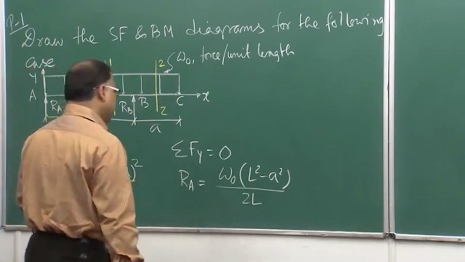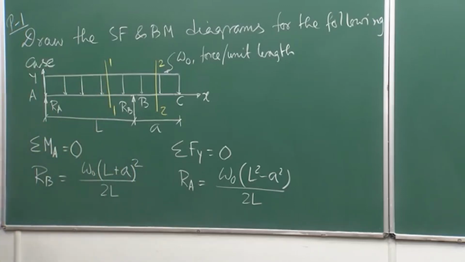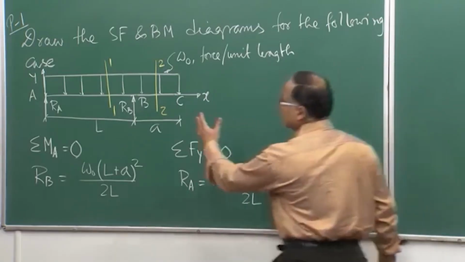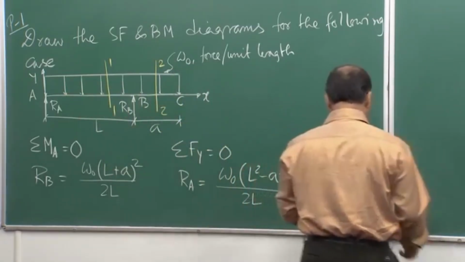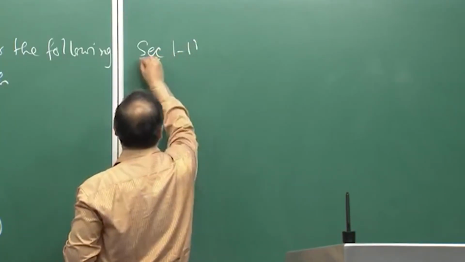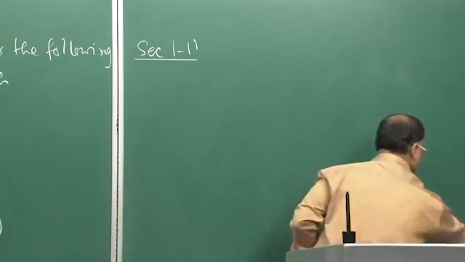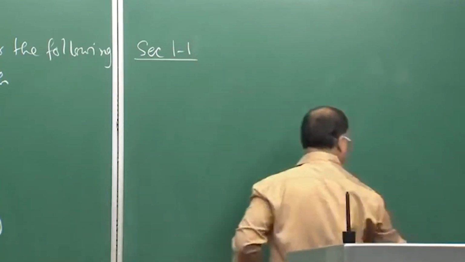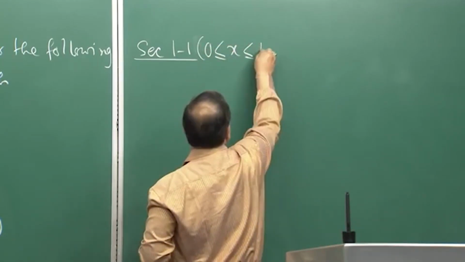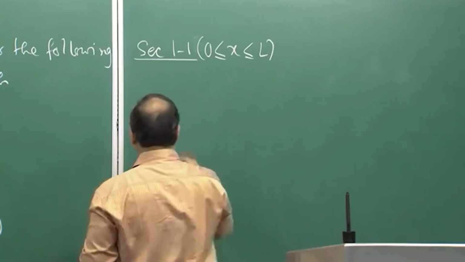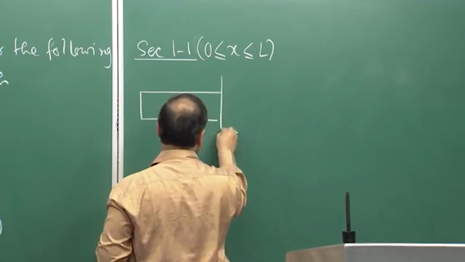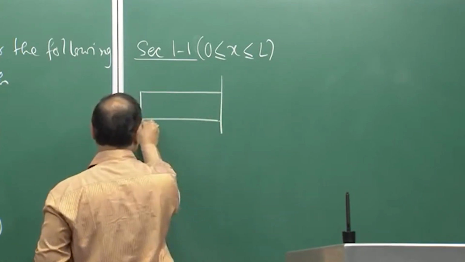Then I draw the free body diagram for section 1. I am considering the left hand part of section 1, which varies from 0 to L. This is the free body diagram.